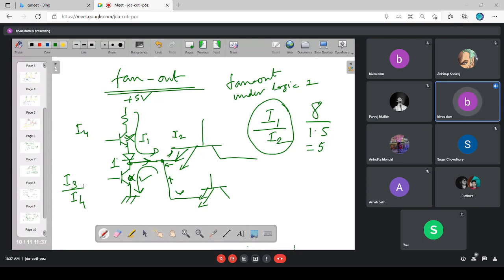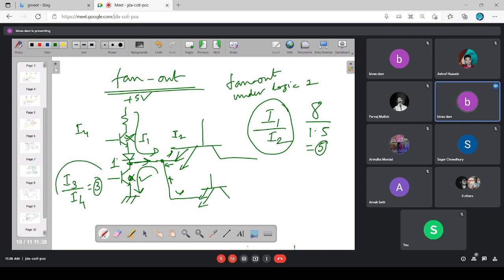Now let me assume that I3 by I4 is 3 point something. So the fan out under logic 0 condition is 3 and the fan out under logic 1 condition is 5. What I claim is the fan out of the device will be the minimum of these two, so the fan out of the device should be 3. Why is it not 5? If I connect 5 such input devices, it will get damaged.